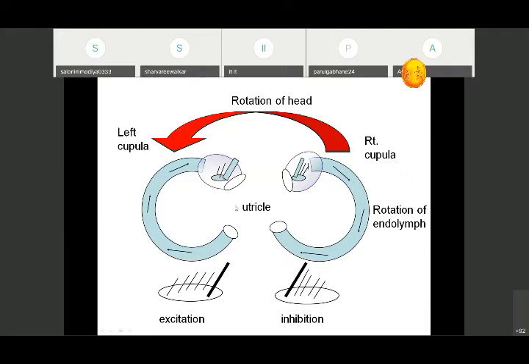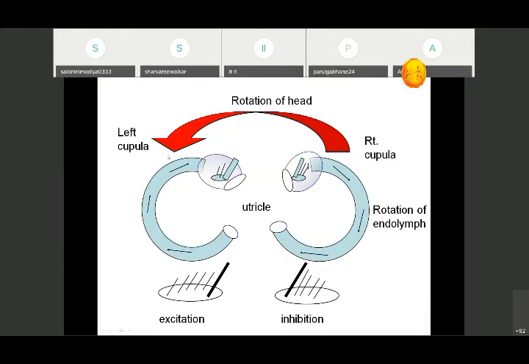So as the bony tubes are moving from right to left, due to inertia the fluid remains stationary. The rotation of the tubes is from right to left, and you can see the arrow of the fluid.